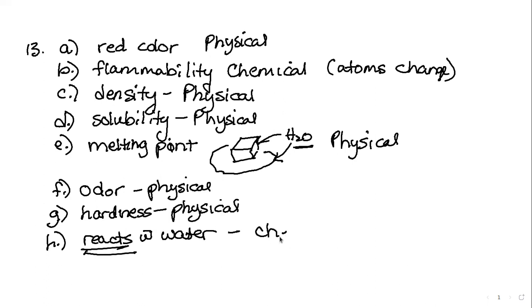You're going to form a new substance. The bubbles also should give you a clue. Okay, and the last one is malleability, which simply means that you can form it and hammer it and push it in order to make a sheet. The atoms don't change. They don't become something different. So this is a physical property.